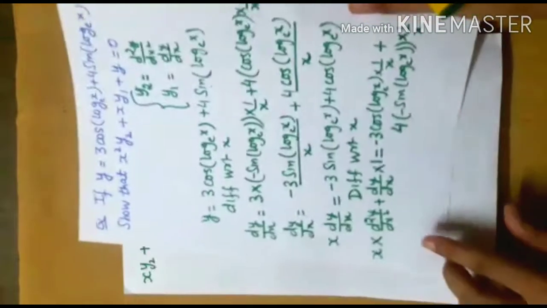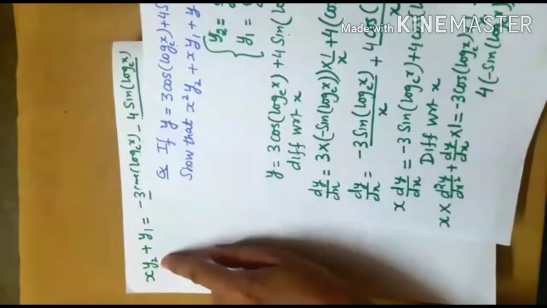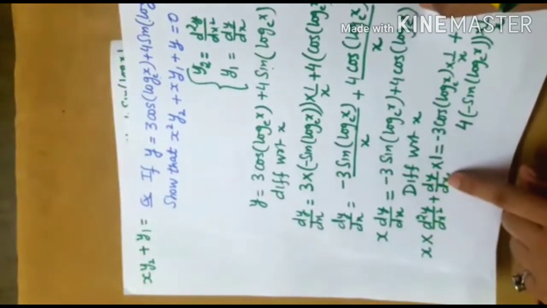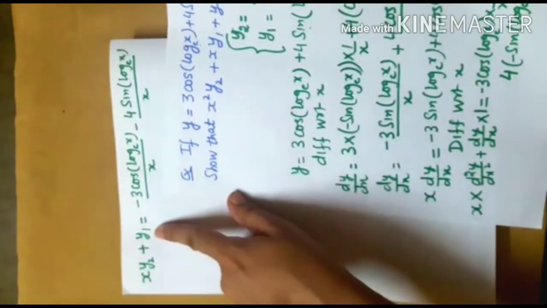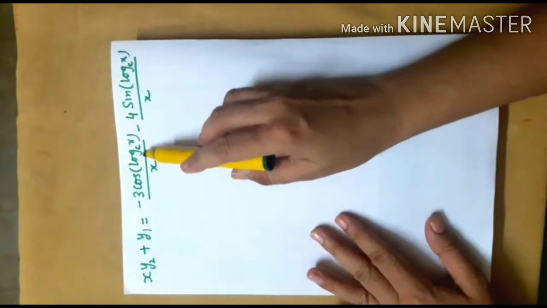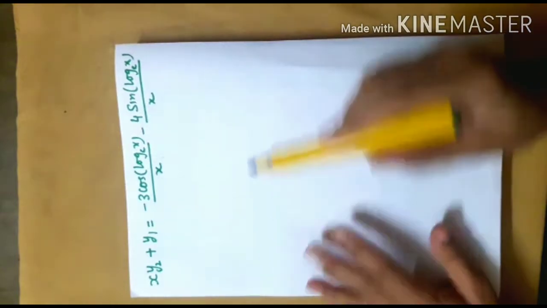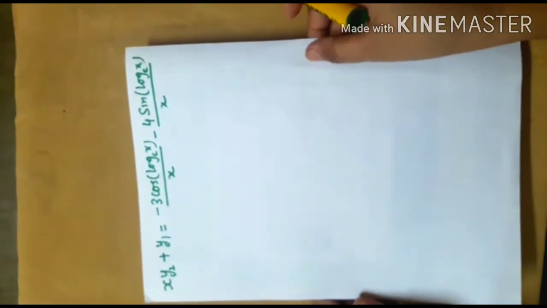So what I have obtained, x d square y by dx square, which I can write x y2, plus dy by dx, which is y1, and here minus 3 cos log x over x minus 4 sine log x over x, right?